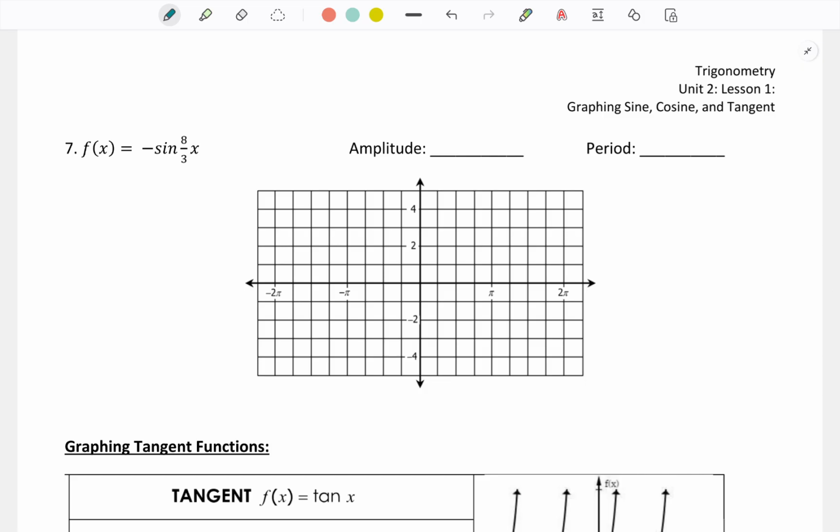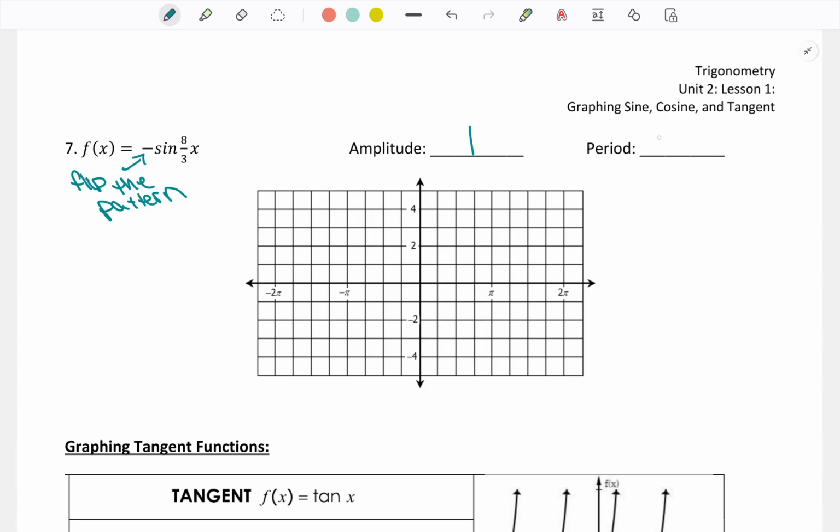So we have number 7. So this one is also reflected. So we're going to flip the pattern. And our amplitude here is going to be 1 because we don't have anything in front of our sine function.